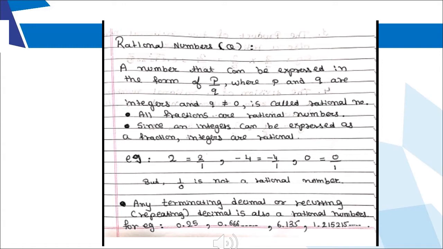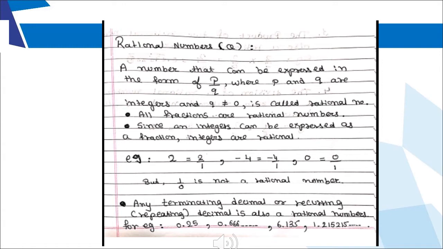Recurring means, see the second and fourth examples, 0.6666, 1.215, and so on. So the decimal of the number recurs in a particular pattern, only a particular pattern, children. A different number is not called recurring. If the digits are in a particular pattern, only then you can say it is recurring.